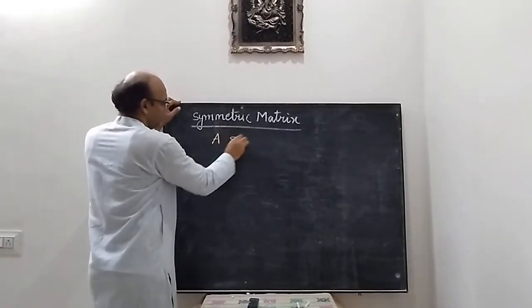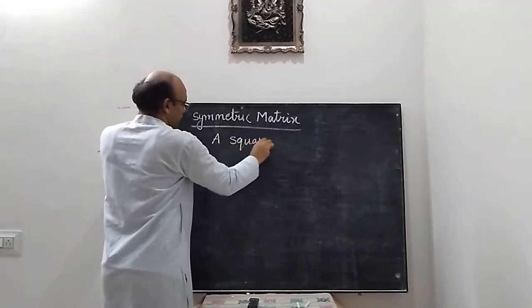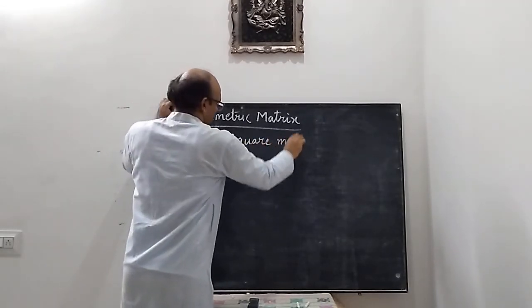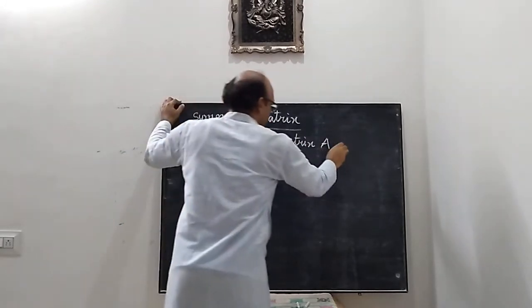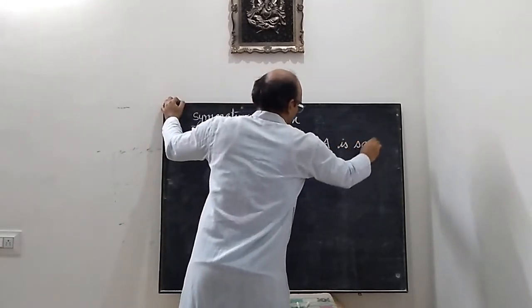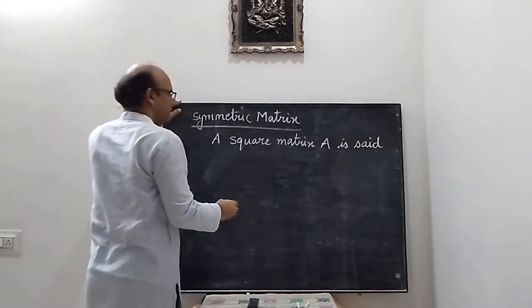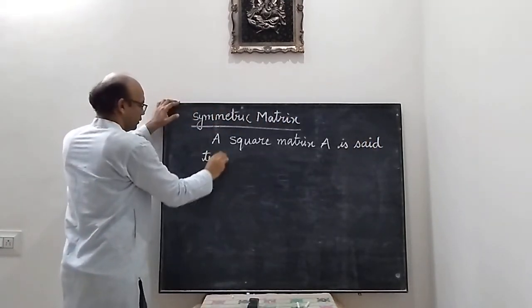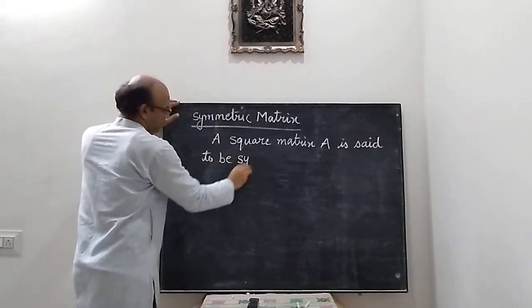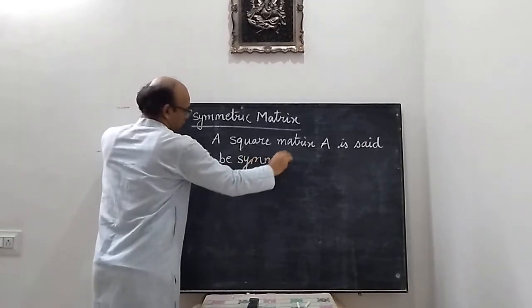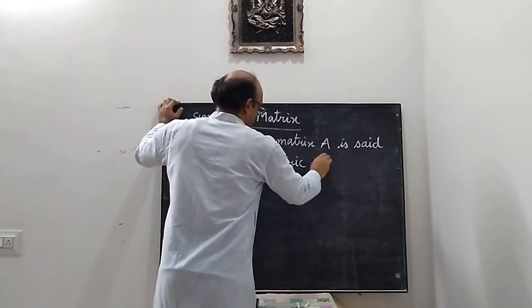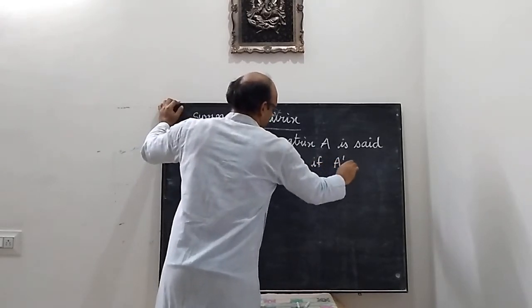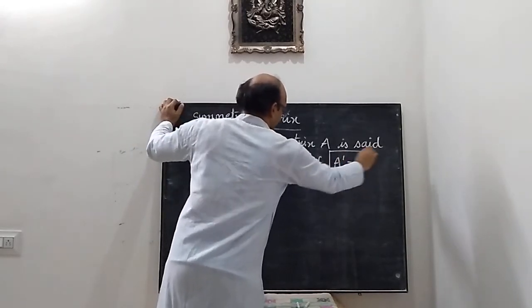So we write: a square matrix A is said to be symmetric if A transpose is equal to A.